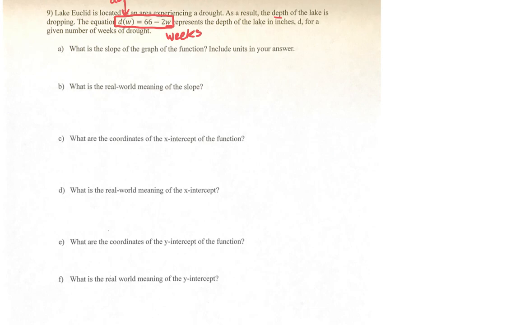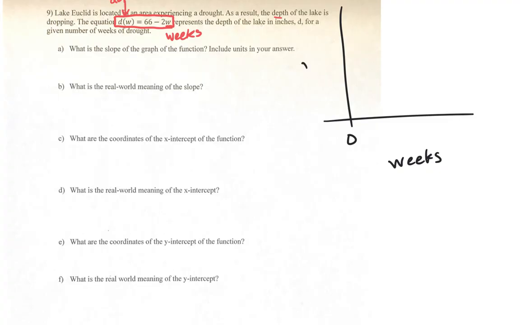All right. So if I graphed it, well, I'm going to just throw down a quick sketch of the graph. I'm not going to take a lot of time here. I know that at t equals 0, so at 0 weeks, when we started collecting this information, the depth of the water was 66. And then I see here this negative 2w.